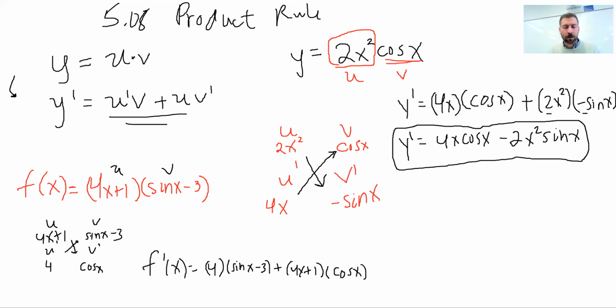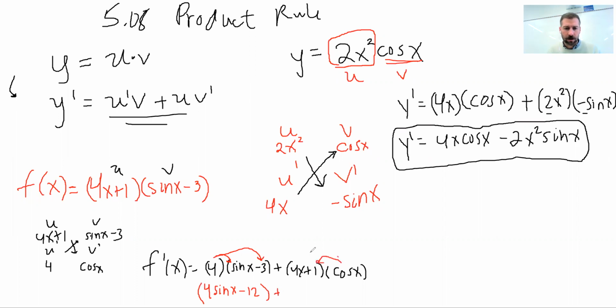Okay. Now you could put some things together here again. I see that I have 4 times sine of x and negative 3. I could distribute there, and I could call this 4 sine x minus 12. And then I'm going to add to that 4x plus 1.